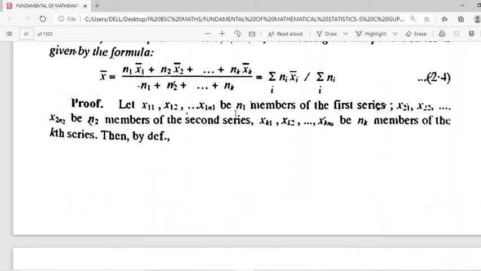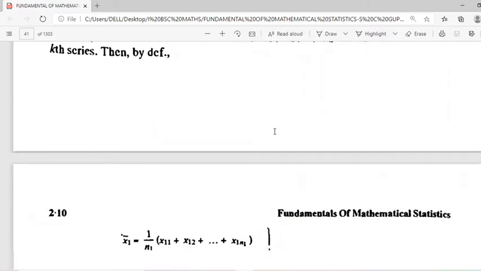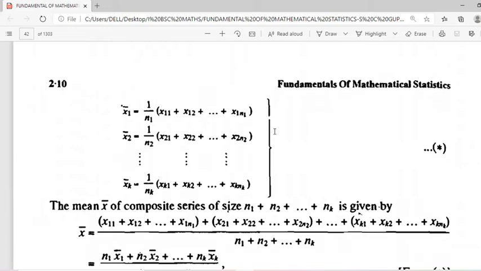x11, x12, up to x1 n1 are the n1 members of the first series. x21, x22, up to x2 n2 are the n2 members of the second series, and so on, and xk1, xk2, up to xk nk are the nk observations in the kth series. So we can find out the mean of each and every series: x1 bar, x2 bar, etc., xk bar.